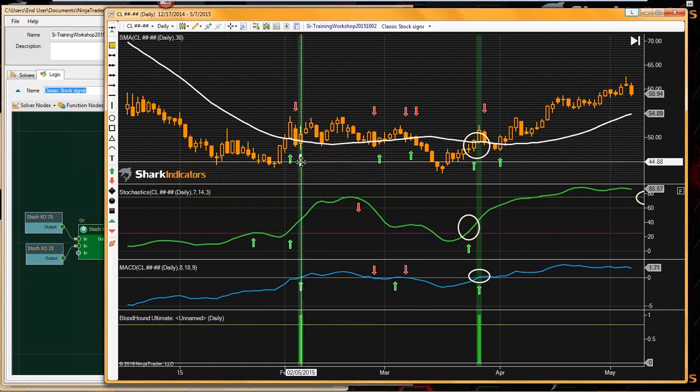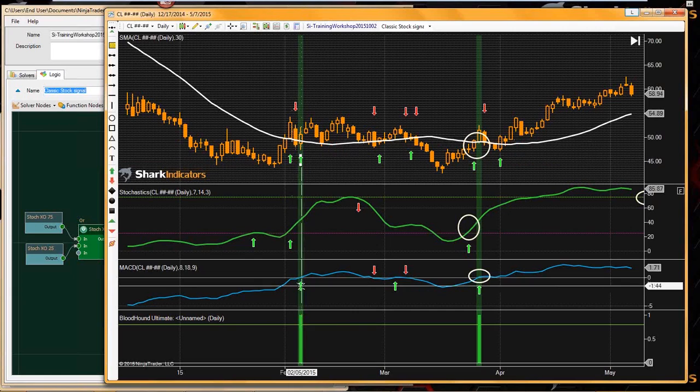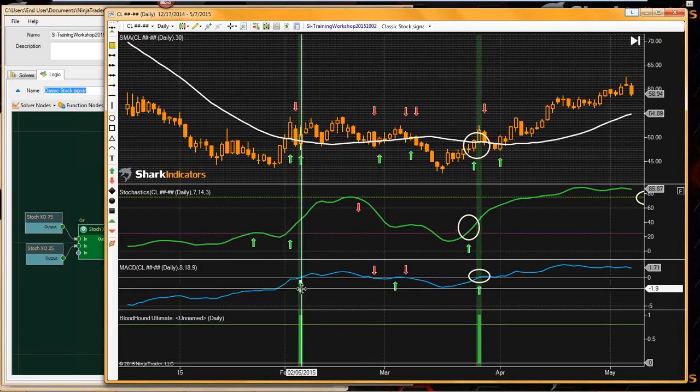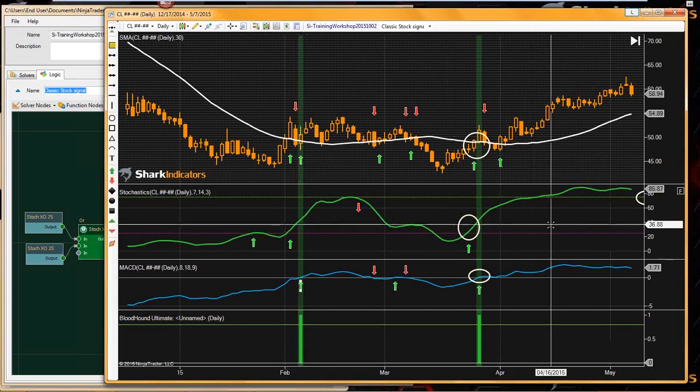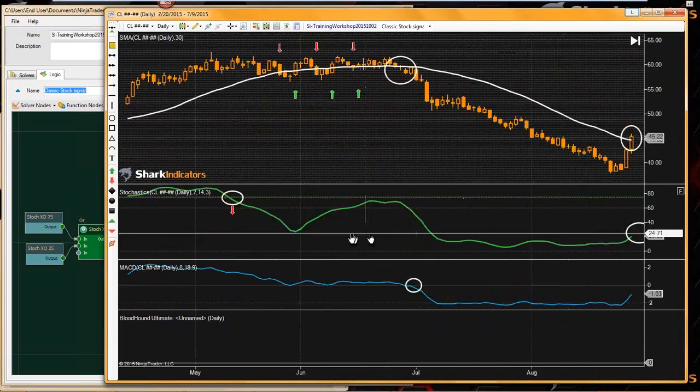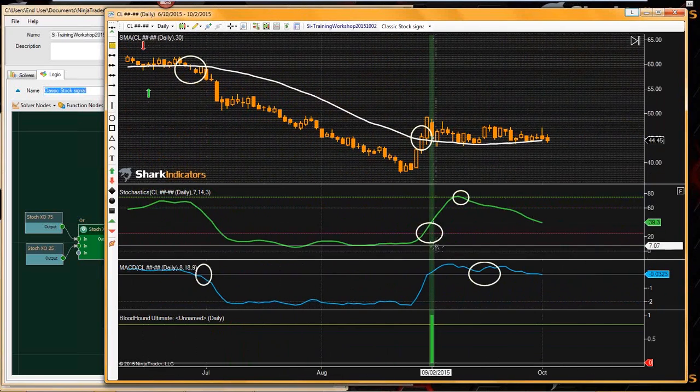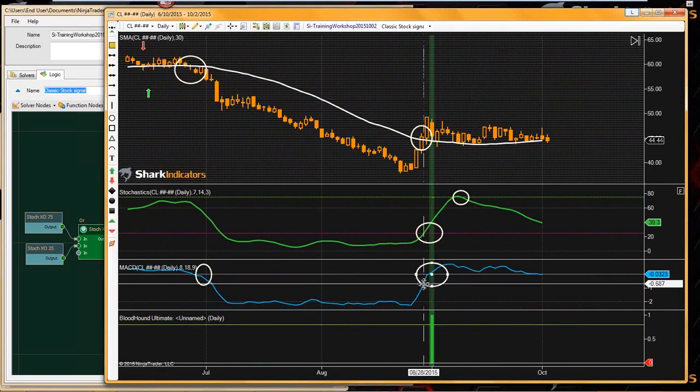And then price crossed again, and then our MACD, seems like our MACD is always the last one to fire off, at least in this area. Then the MACD fired off. So let's see what else we have here. Alright, yeah, there we go.